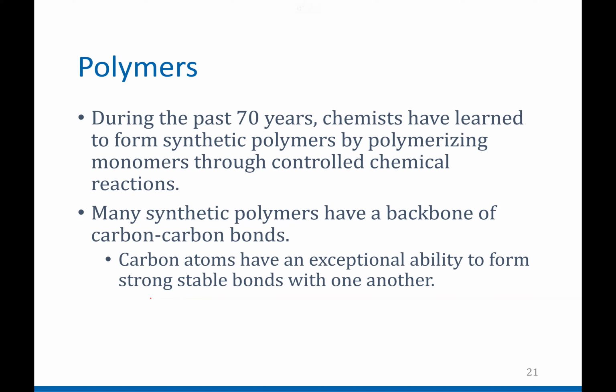Most synthetic polymers, or at least many of them, have a carbon-carbon backbone. They're carbon chains, but when I say backbone, there could be things sticking off of the chain. There's more than just a carbon chain. They can get very complicated. And again, you'll learn more about this if you get into hydrocarbon chemistry, but carbon is an amazing molecule.